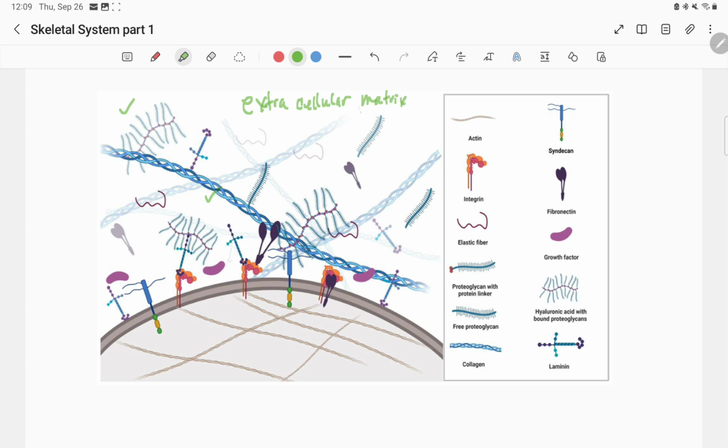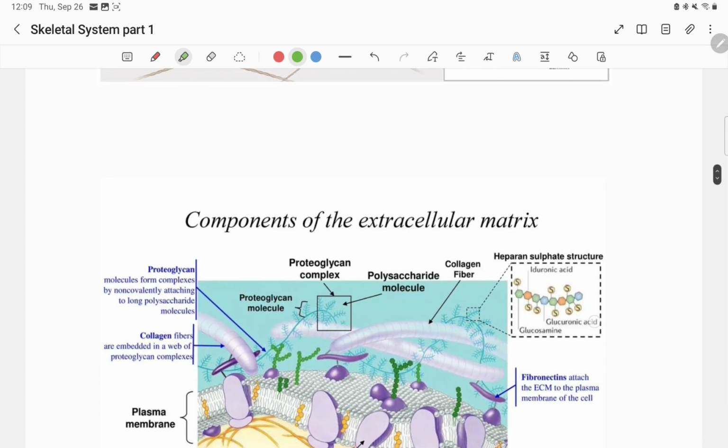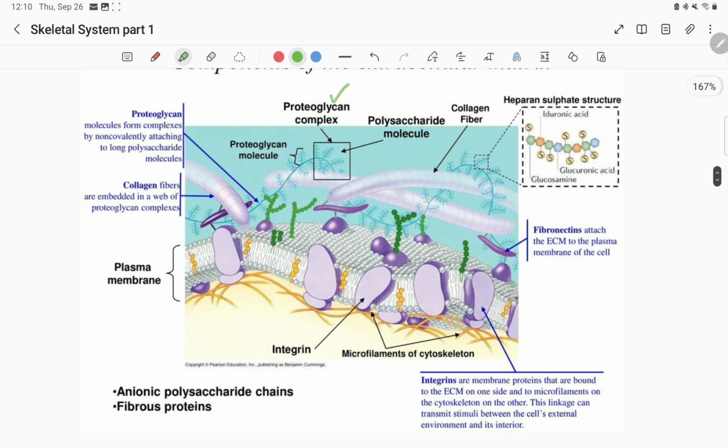So these are the components found on the outside of the cell. And here's intracellular matrix. Okay, so things that are found on the inside of the cell. Another picture of the components of extracellular matrix, so the proteoglycans, collagen fibers, these are all proteins. And then, of course, you want to stay hydrated, so lots of water.